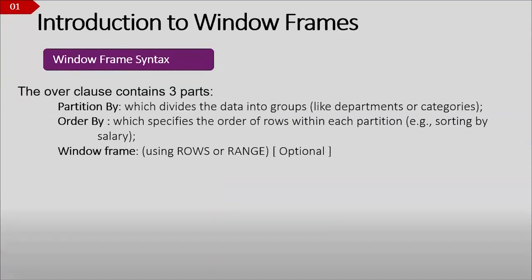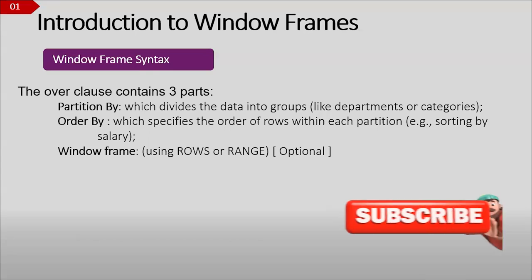What is the window frame syntax? Well, the window frame is number 3. The OVER clause has 3 clauses or 3 parts, all are optional. The partition by, if you want to group your calculation on some part of the data, and if you didn't put it, it will calculate for all the data.